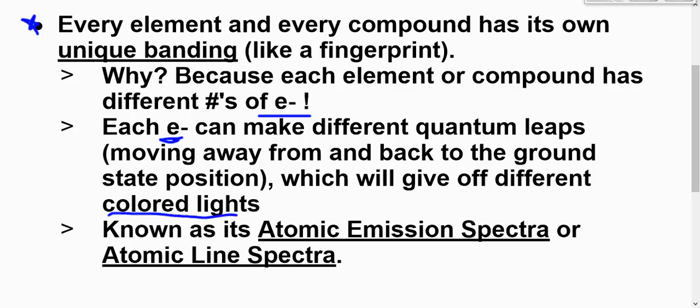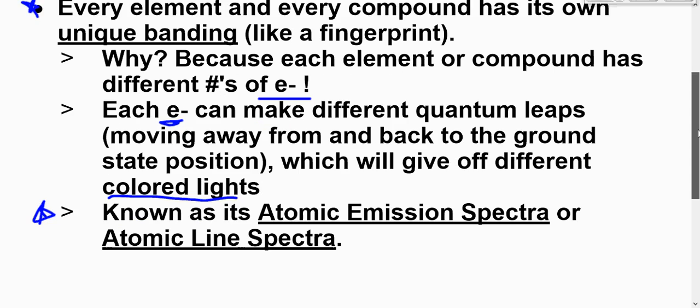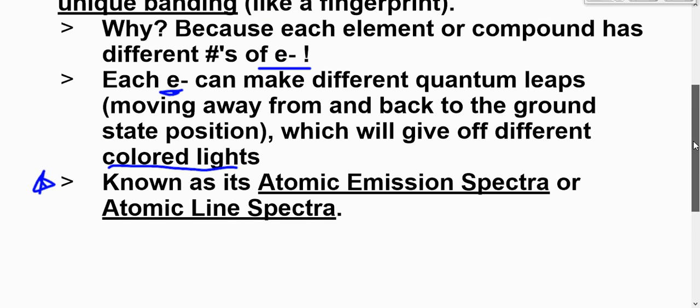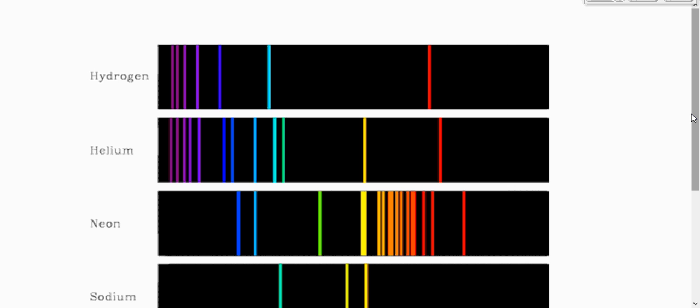And so that's going to create different patterns. This is what's known as the atomic emission spectra, the atomic line spectra. This is mentioned on a couple of your homeworks, and I just wanted you to be aware that the banding is called the atomic emission spectra, which I have on the next slide with some examples.